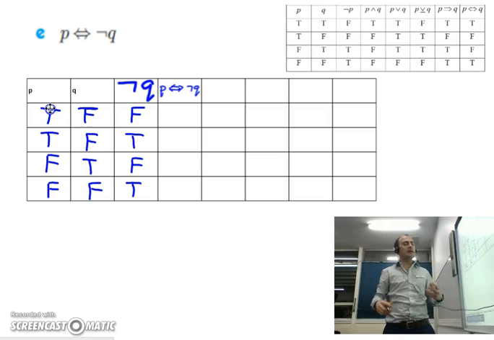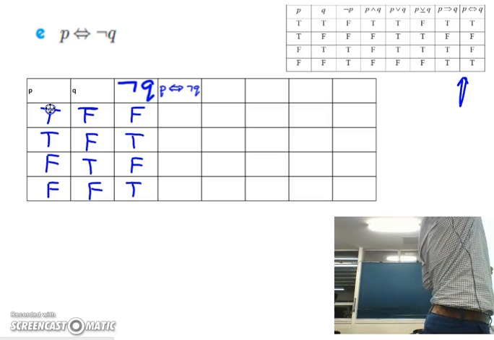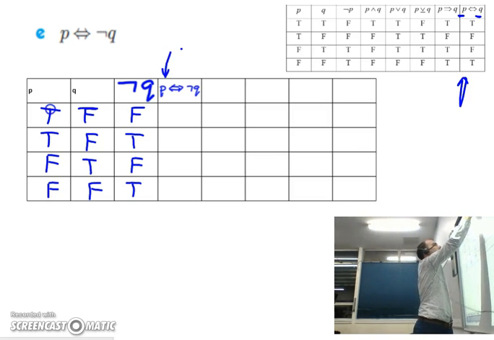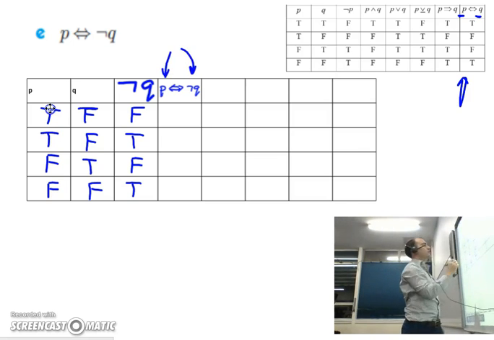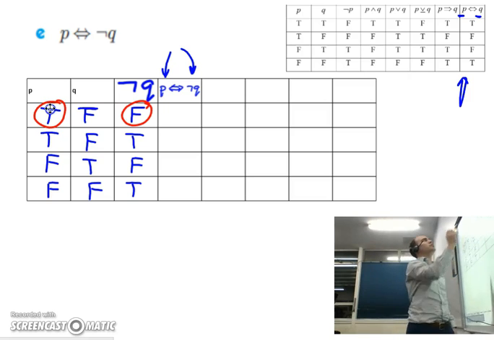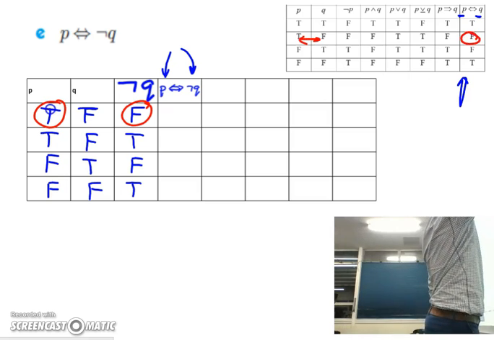So it's P if and only if not Q. So we're looking at our if and only if column, remembering that it's if, then. So we have, starting with P, then not Q. So we would look at if P, then not Q. So we have a true, then a false. So a true, then a false would lead us to a false.